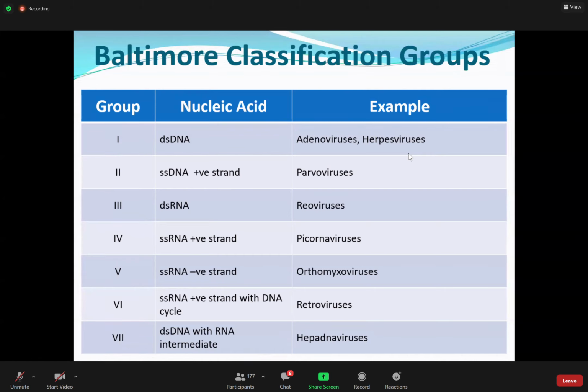But be aware that of this virus kingdom, we can have viruses which are double-stranded DNA, viruses which are single-stranded DNA, viruses which are double-stranded RNA, viruses which are single-stranded RNA which are either of a positive strand, as in a messenger RNA, or a minus strand.